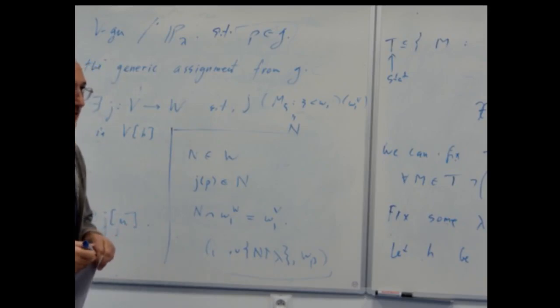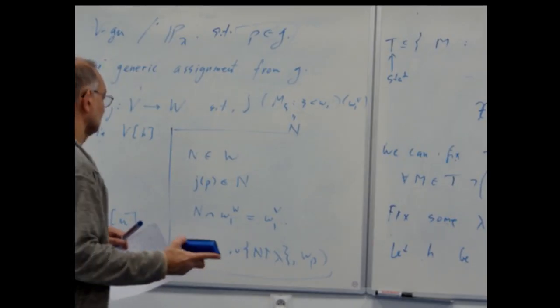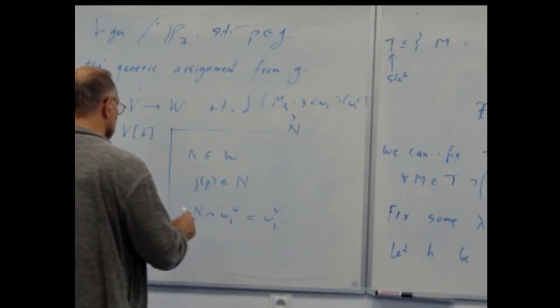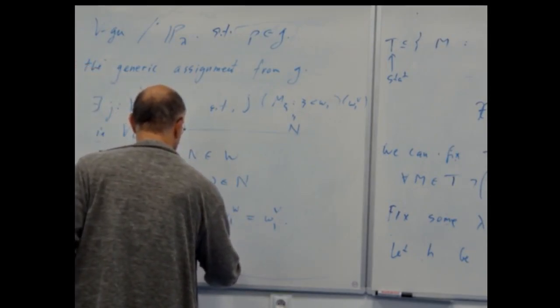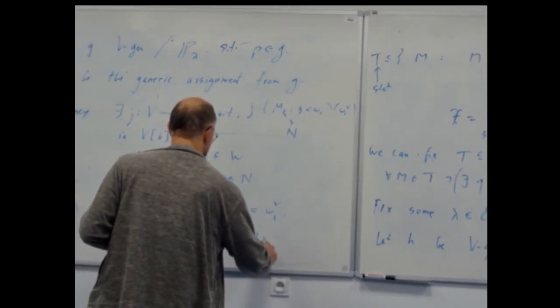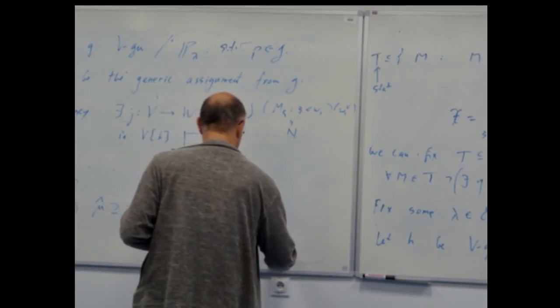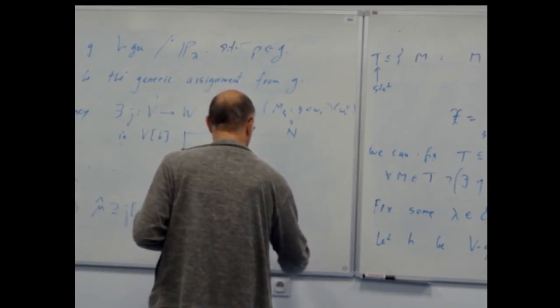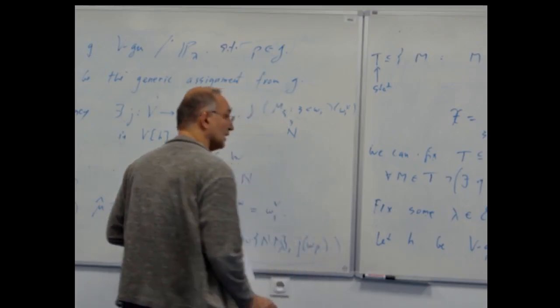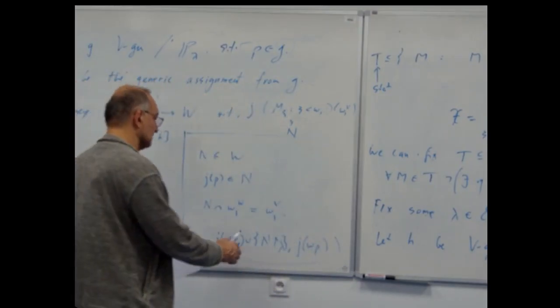So it should be J of, not quite right, because we are applying J, right? So we should take J of NP union N projected to lambda, and then J of WP.